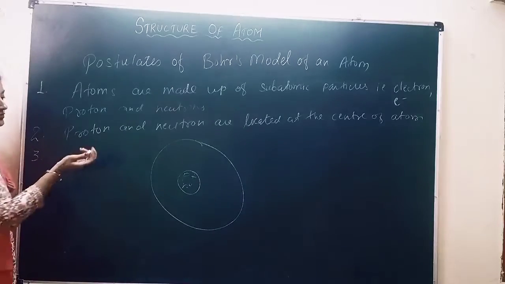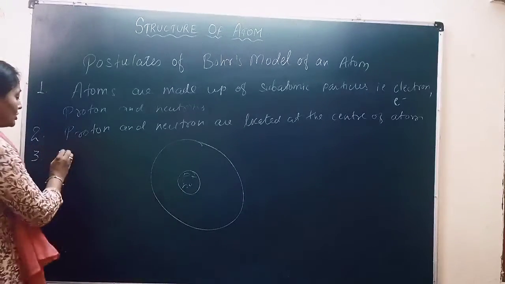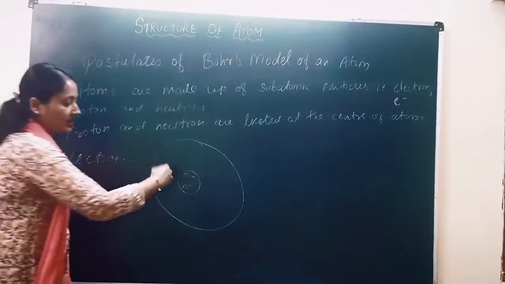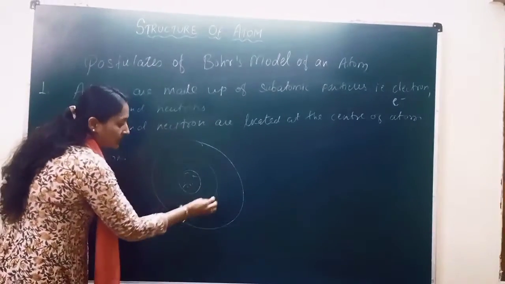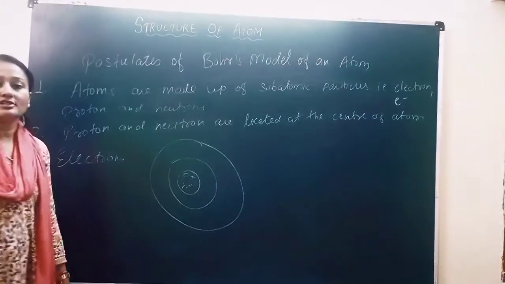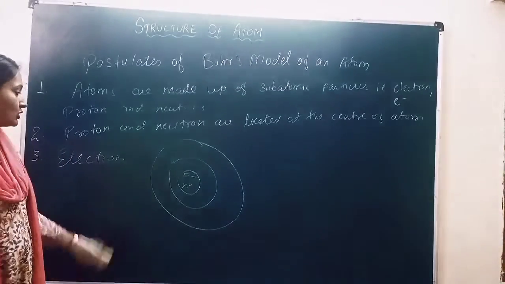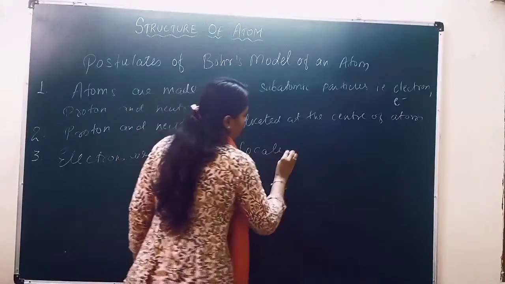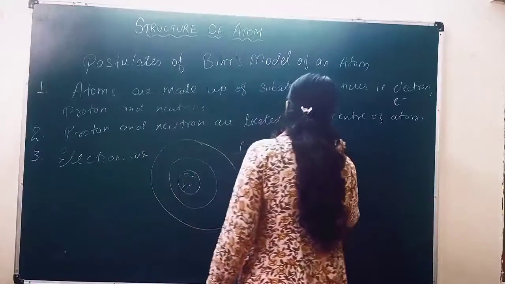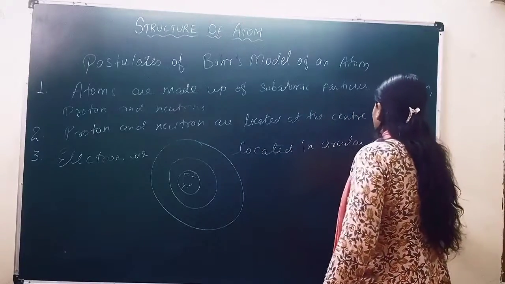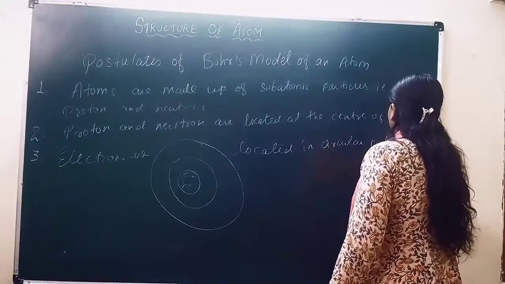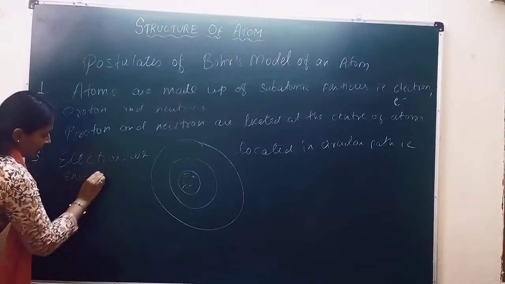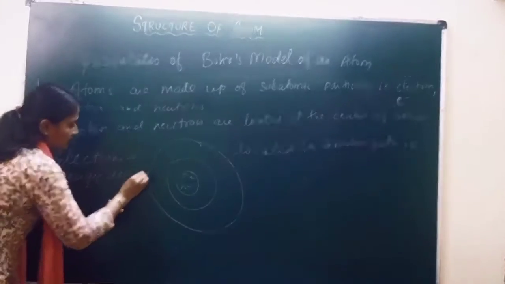Now the third, where are the electrons located? So electrons are located around the nucleus in circular paths known as orbits, energy levels or shells.